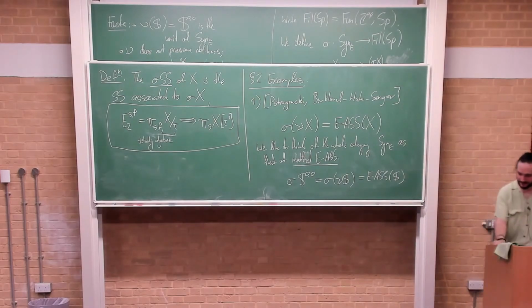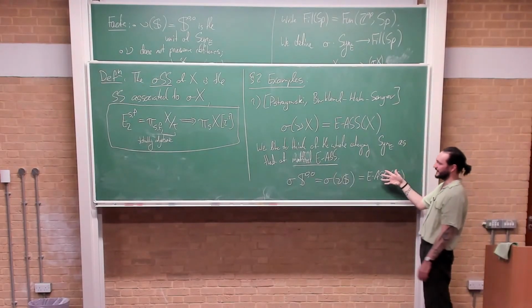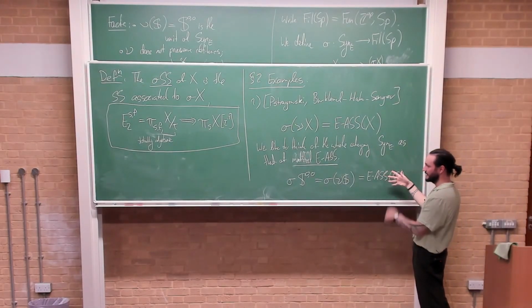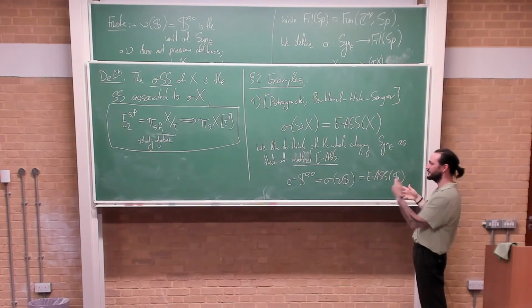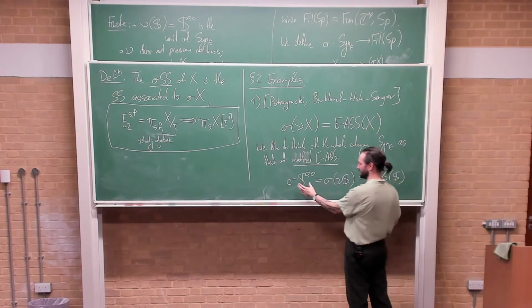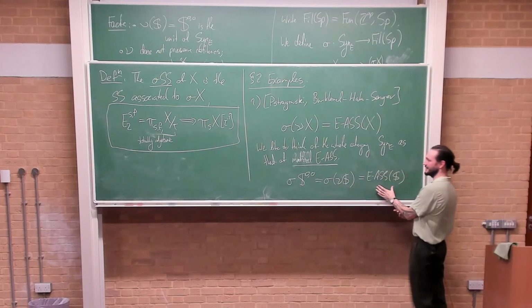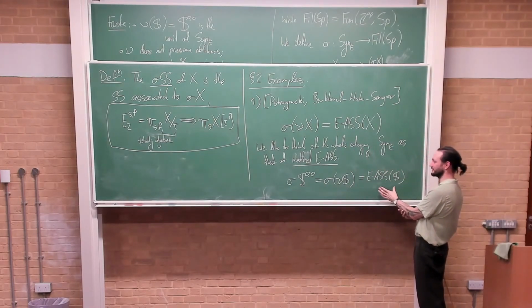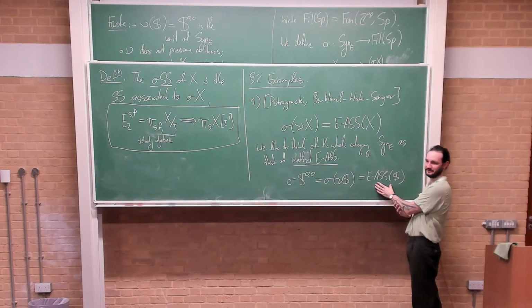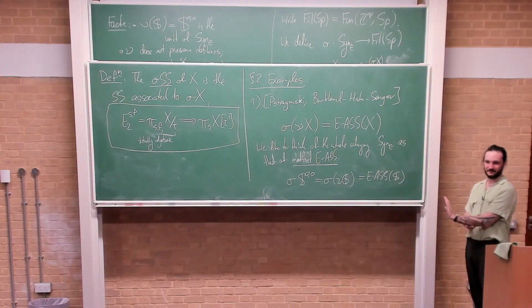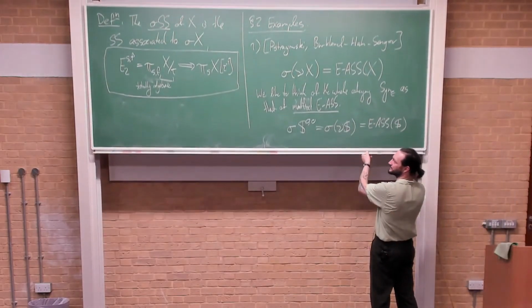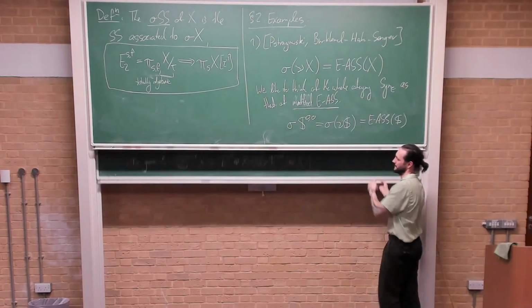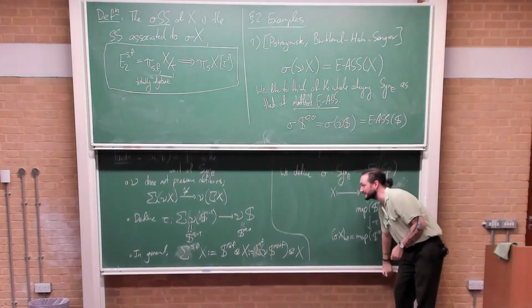Since this is the unit in the category of synthetic spectra, every time you have an algebra object in synthetic spectra, it receives a unit map from this unit, and so the associated signature spectral sequence is going to receive a canonical map from the E-based Adams spectral sequence. And this is a very, very useful trick. Okay, so that's our first example.